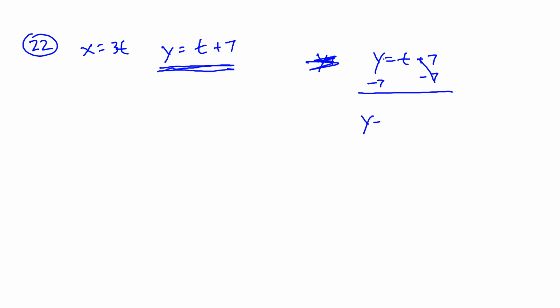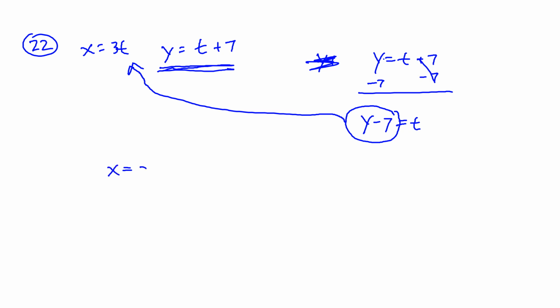So in other words, y minus 7 is equal to t. So since t is y minus 7, we're going to take that y minus 7 and put it back into the t on the other equation. So it's basically x is equal to 3 times y minus 7. So when we distribute, it's going to be 3y minus 21. So that's our rectangular form.